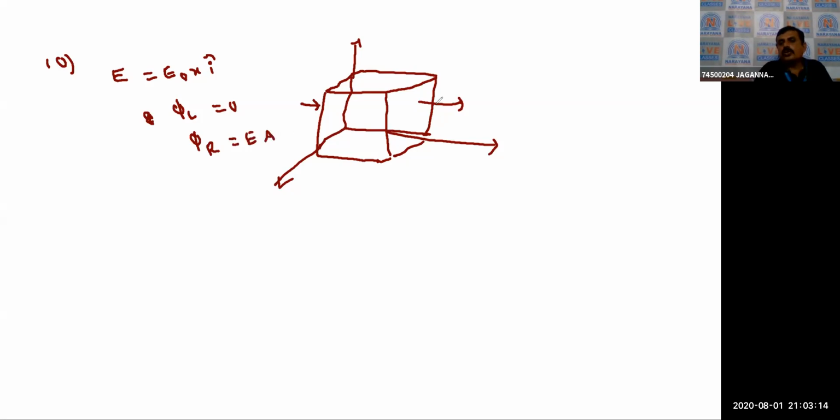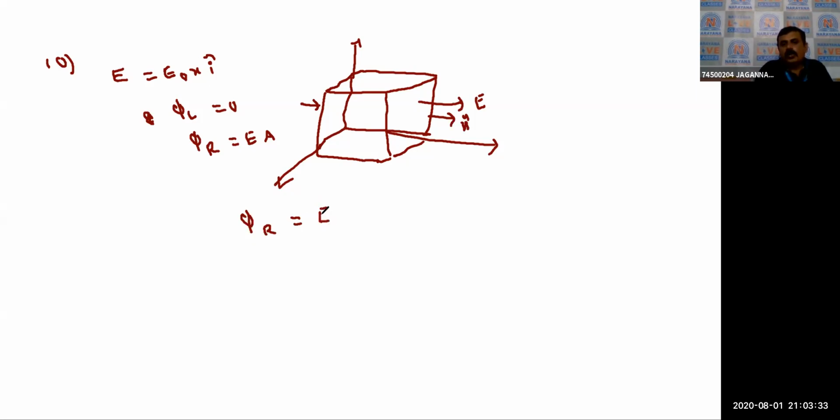EA cos theta. What is cos theta? This is the electric field direction and this is the direction of the normal, so theta equals 0 degrees, and cos 0 is 1. The right side flux is E times area, where E is E naught x.